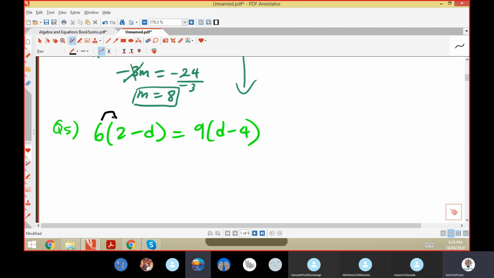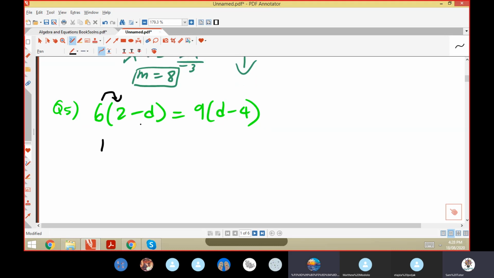So 6 times 2 is... No, you can't say that. You can only say that with letters. 6 times 2 is? Oh! I thought it was a letter. That's okay. It's 12. Now, minus 6 times d is? 6d. That's the one.